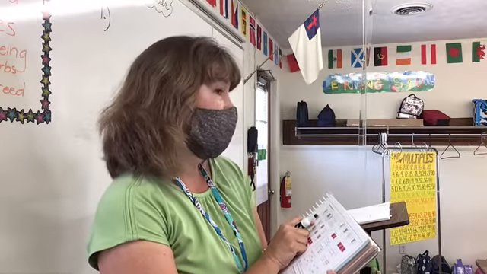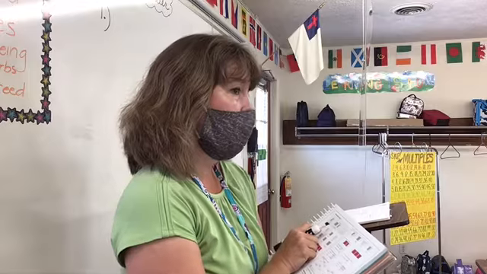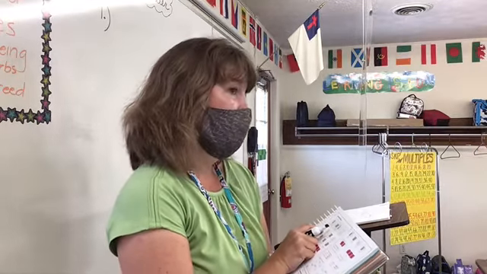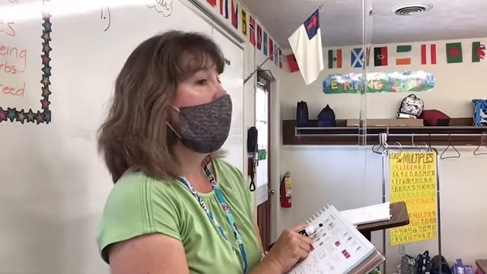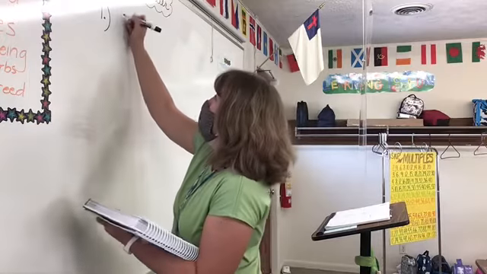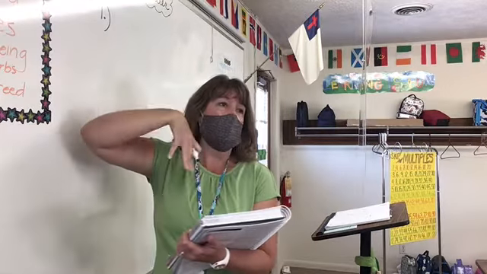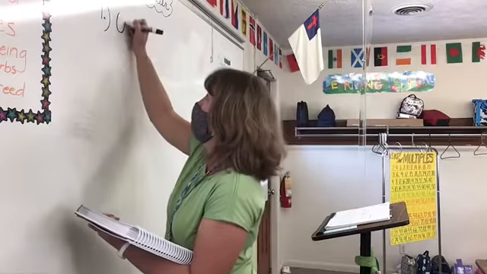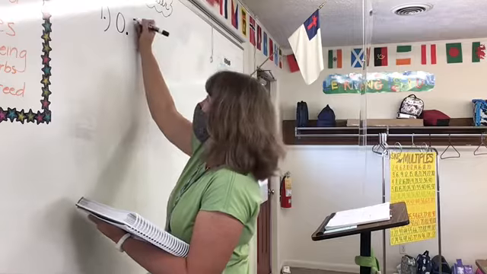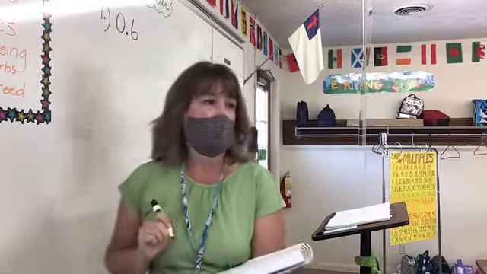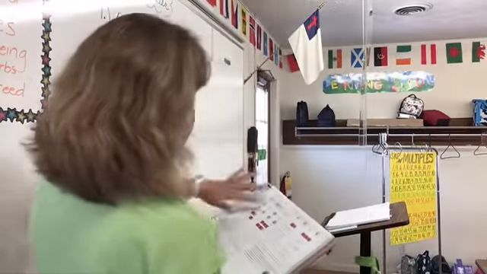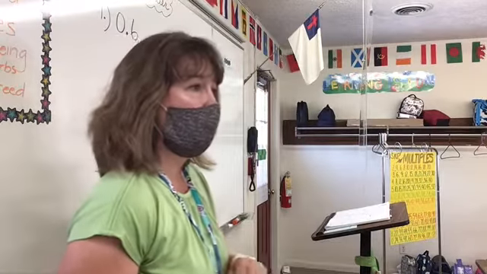So how would I say that? Because there's 6 out of 10. So 6/10. Very good. And I can write that. And just to help us, let's put a 0 in the whole number place, because we don't have any wholes. And 6 tenths, because there's 10 tenths altogether, but only 6 of them are colored in.